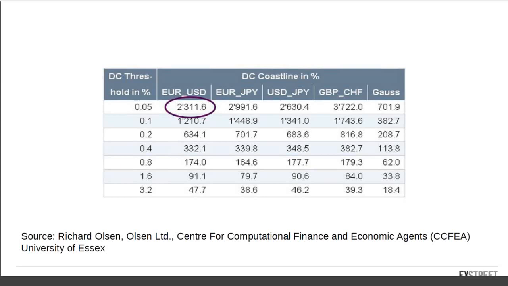The bottom row on this table, 3.2% threshold, those would be movements of 380 pips. Okay, movements of 380 pips in a row without a counter movement of the same amount. And then we have the potential percentage coastline that a market can move in one year.